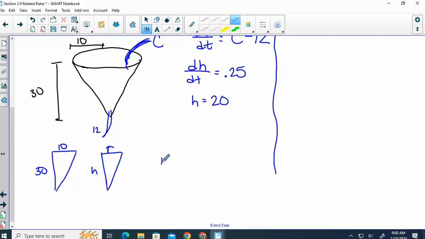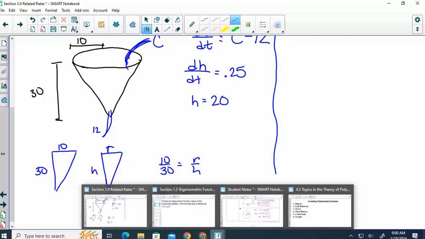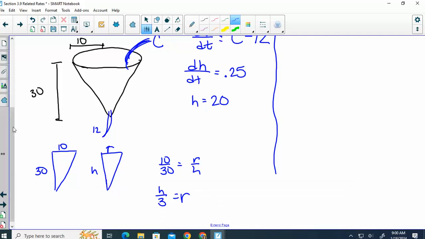So we know that 10 over 30 is always equal to r over h. So if you were trying to solve for r, get r by itself, what would you do? Multiply your h over, so that would give us h over 3 is equal to the r. Now I know the radius is always just a third of the height.